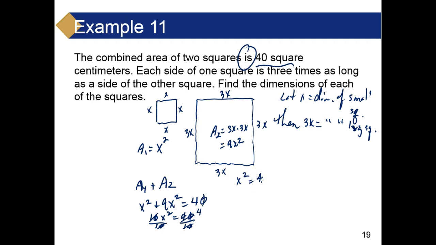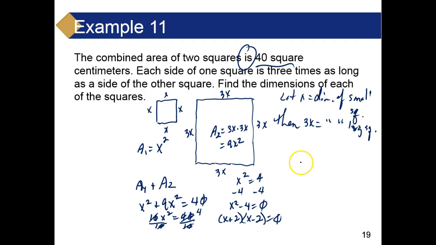Now what? Subtract 4 from both sides. You could have done the 40, but lazy people do it other ways. What does that give you? x squared minus 4 is equal to 0. And now what do we do? x plus 2 times x minus 2 is equal to 0.